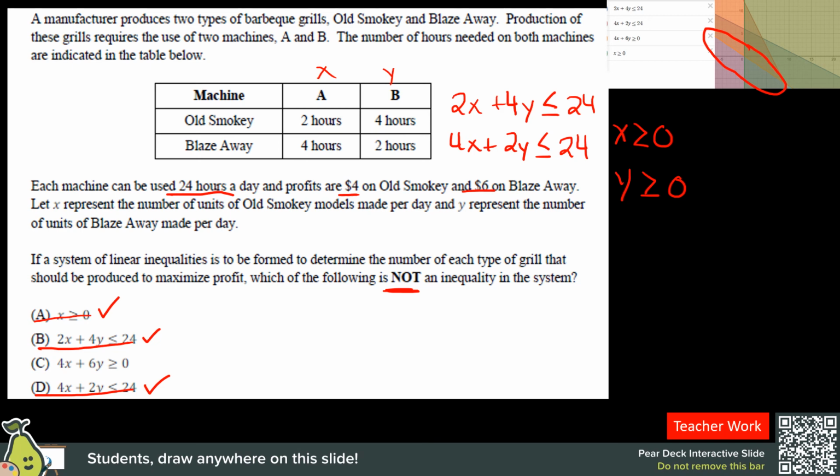This line actually has no business at all in this upper quadrant where our answer is going to be. This does not help with anything in production quality. This is different for profits. So this does not help because it is not even in quadrant 1.